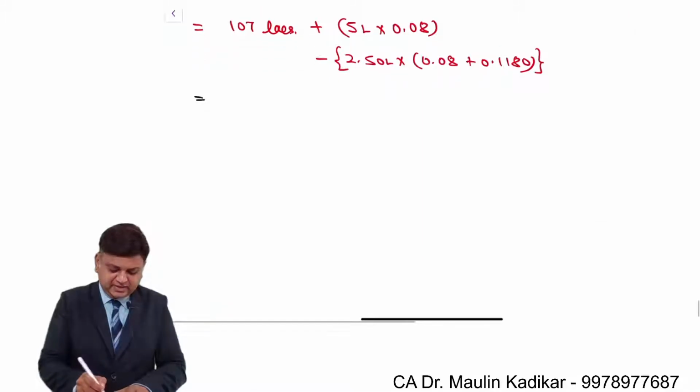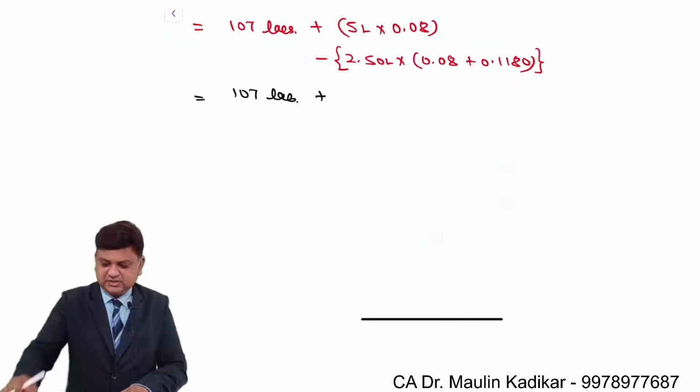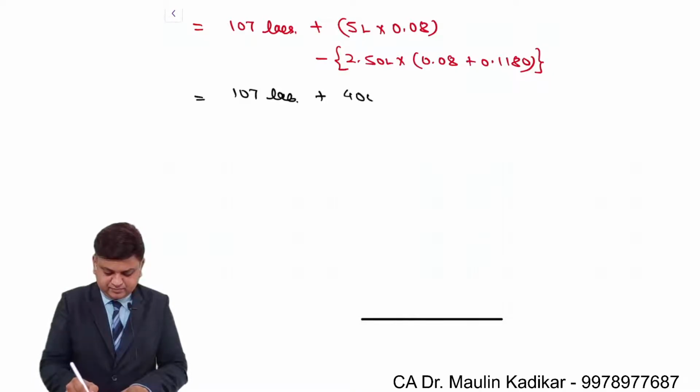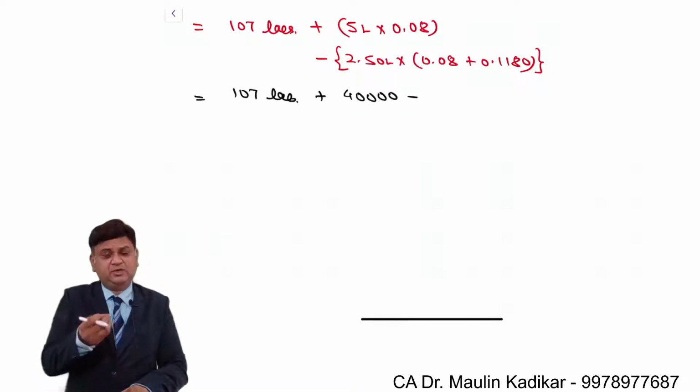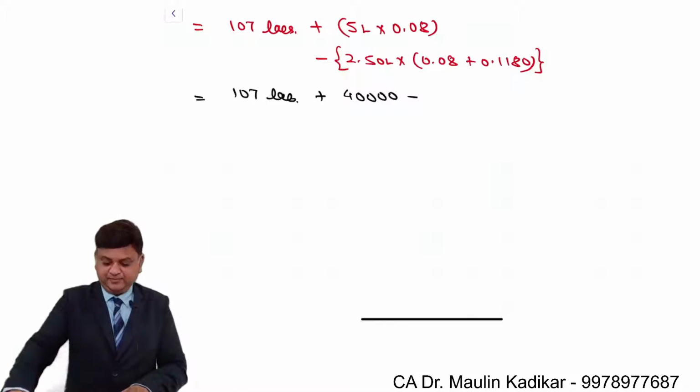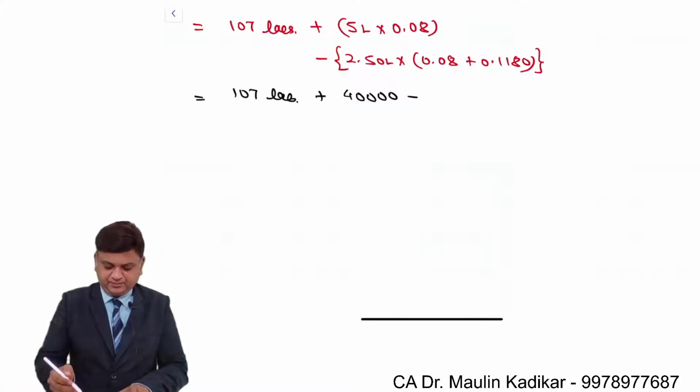So what will happen, we understand that it is 107 lakhs plus 5 lakhs into 0.08, that comes to 40,000, and the income that you already have paid, that is 0.08 plus 0.118 into 2,50,000, that is 49,500.